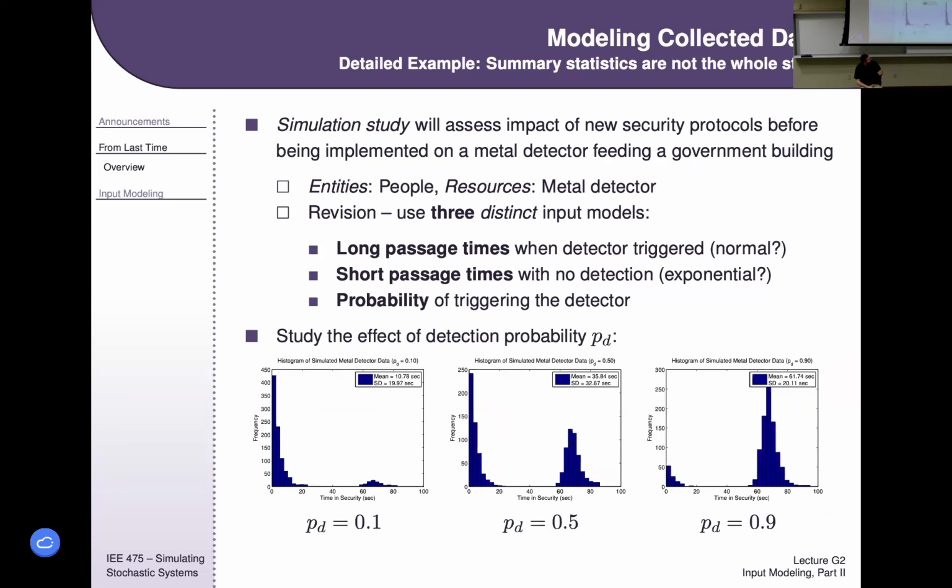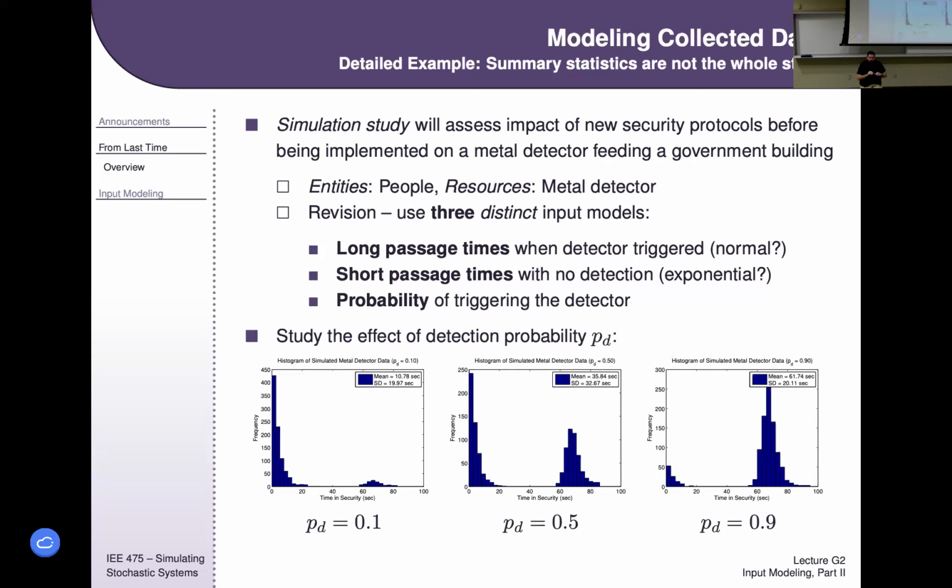So from there, then, I can now study the impact of this detection probability. A lot of times when people want to speed things up through these security lines, one of the strategies is to educate people coming through the security lines so that they're ready for them. So if you could say, well, how much effort do we need to put into educating people so they know to take their belts off, they know to empty their pockets, all of these things that make for a smooth security experience, how much effort should we put into that?